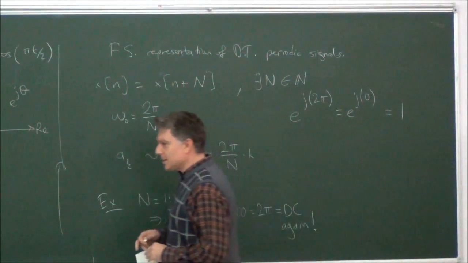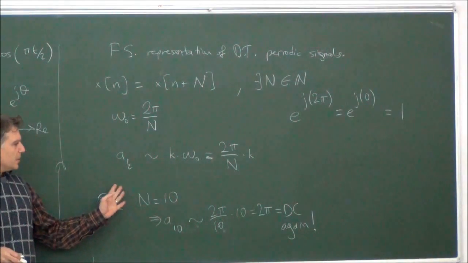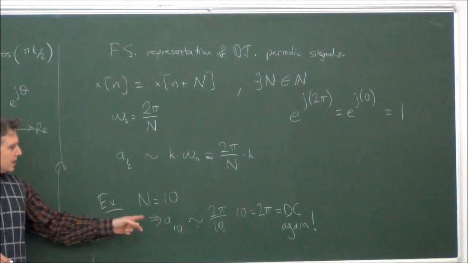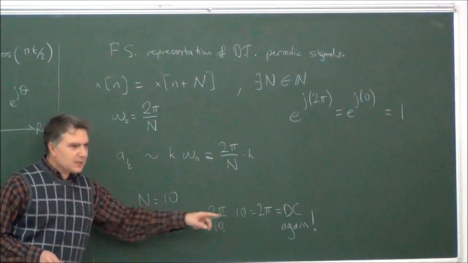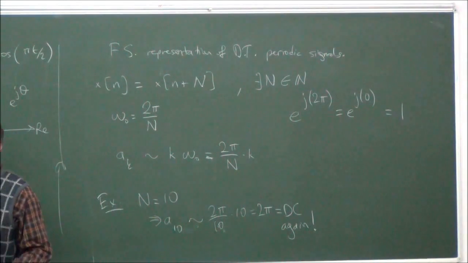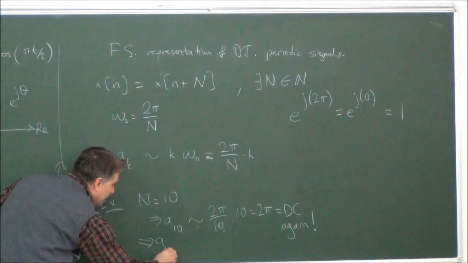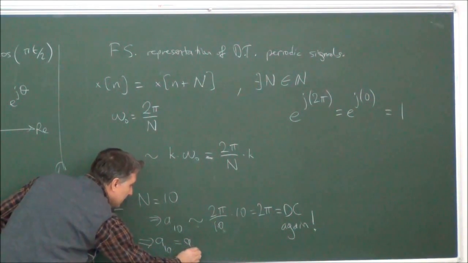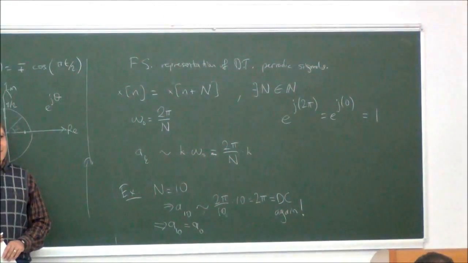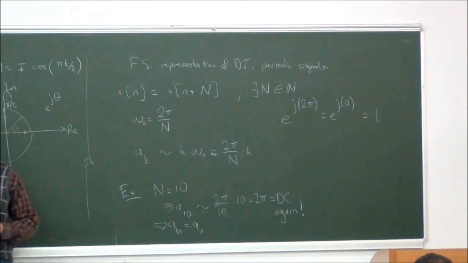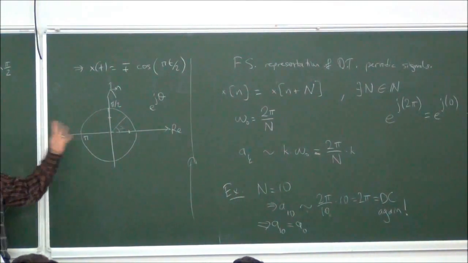Now what does this say? It says that if your discrete time periodic signal has a period 10, then the 10th Fourier series coefficient's frequency is the same as the DC frequency, which means that a_10 is nothing but a_0. It's the same. It goes back to a_0. That is the fundamental difference between the continuous time case and the discrete time case.